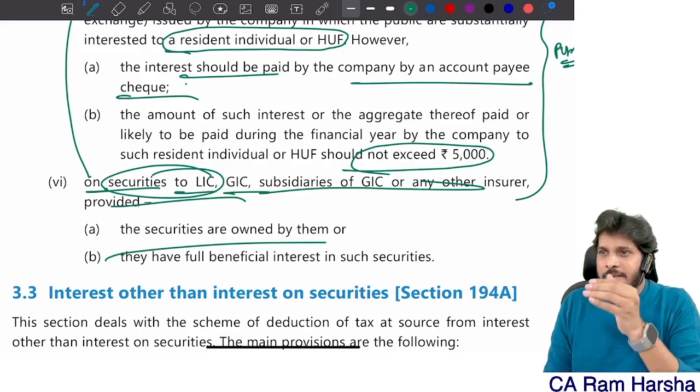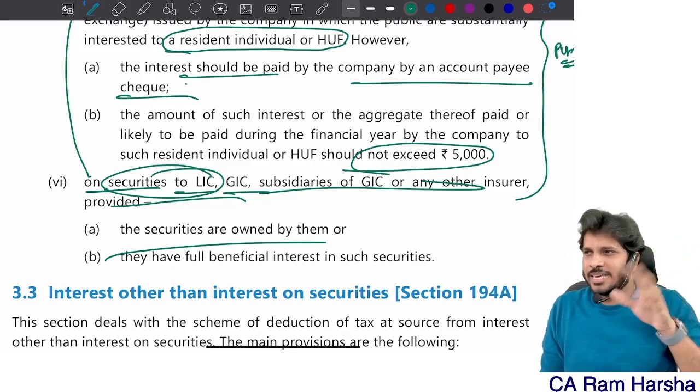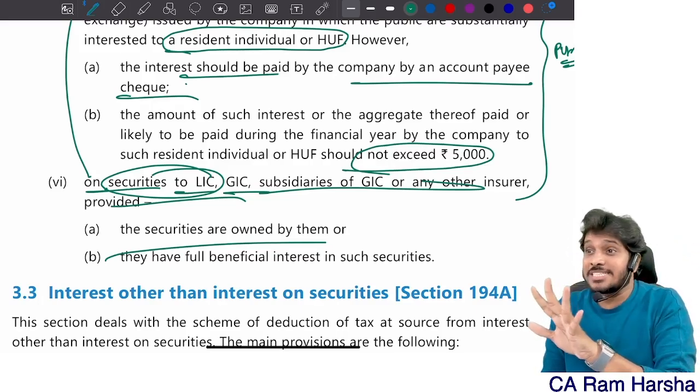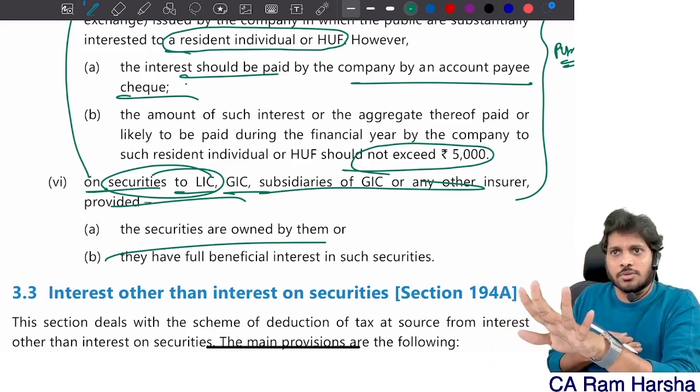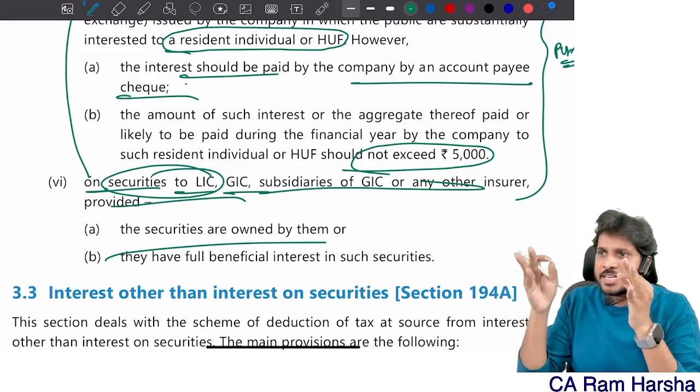So which means any payer, any person who is paying interest on securities, that is, who borrowed by issuing securities, TDS is applicable.